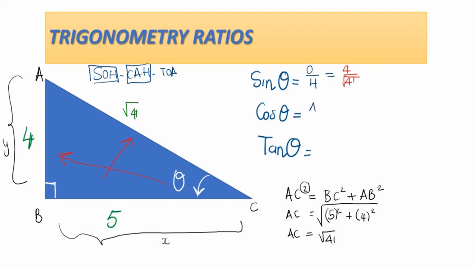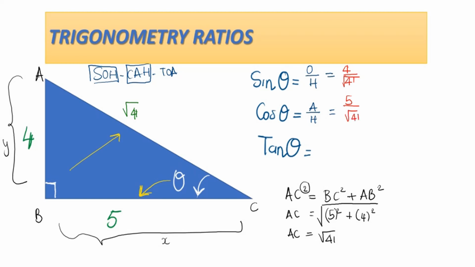What is the adjacent side? The adjacent side to our theta, or the side that is next to our theta, is 5. And what is our hypotenuse? Your hypotenuse is the square root of 41.